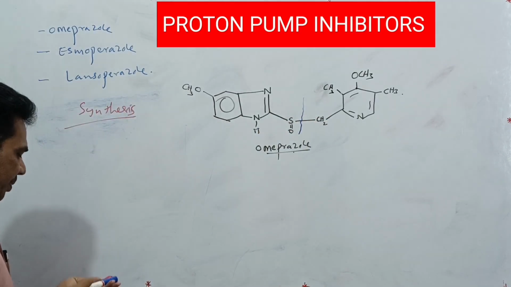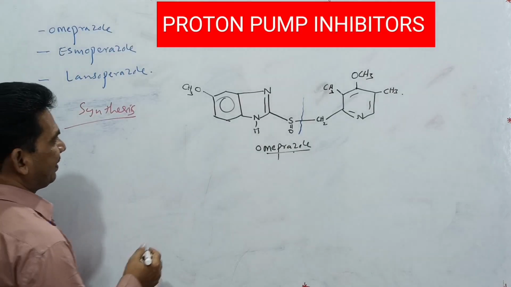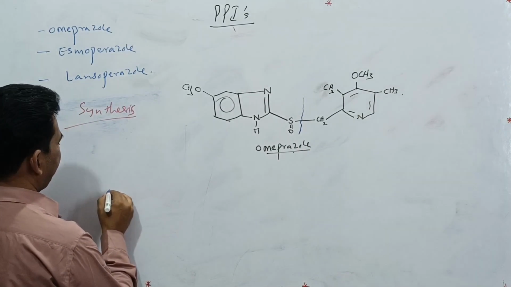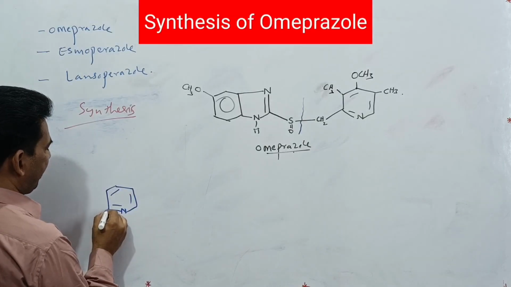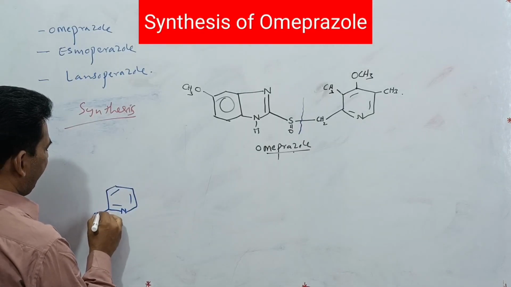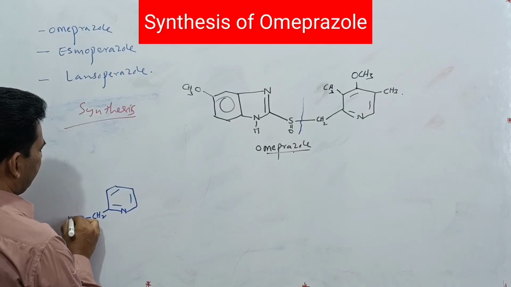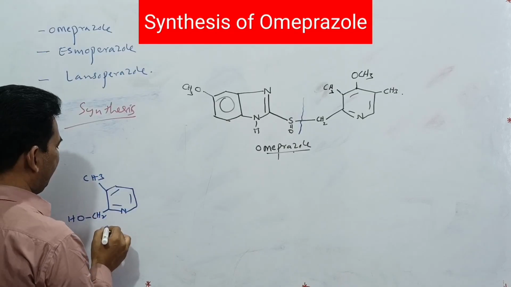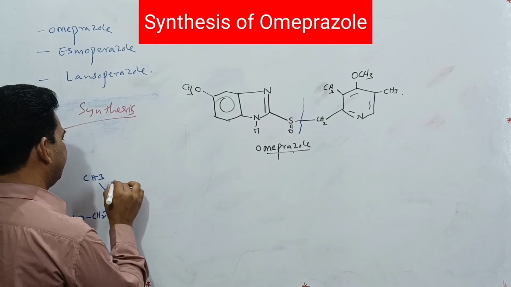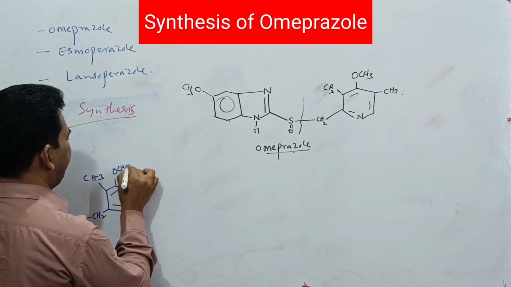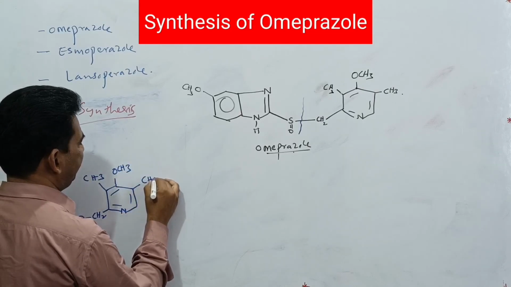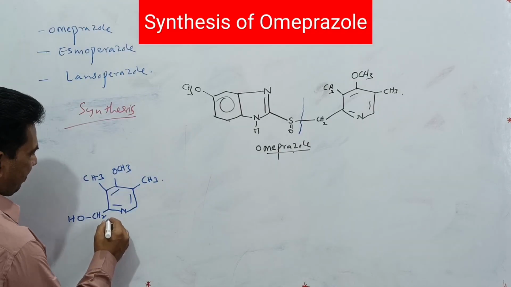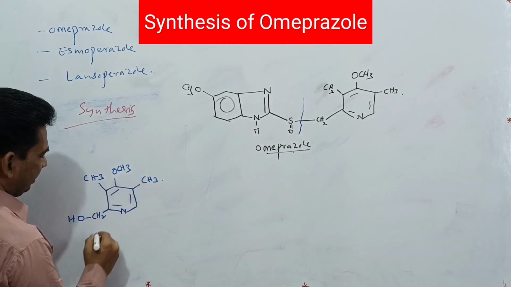One part I will write here. I will take initially this pyridine. Pyridine, what will it have? At the second position, it has the methanol, CH2OH. Here it has the methyl at the third position. Fourth position has the methoxy. Fifth position has another methyl.